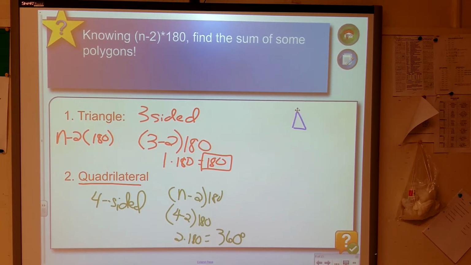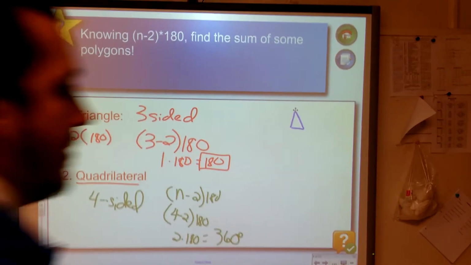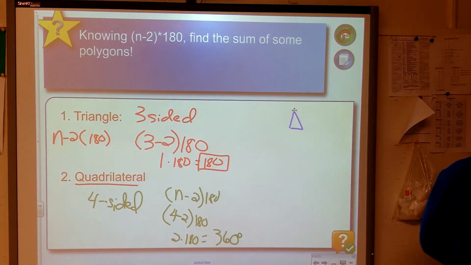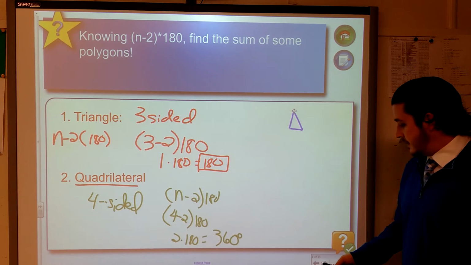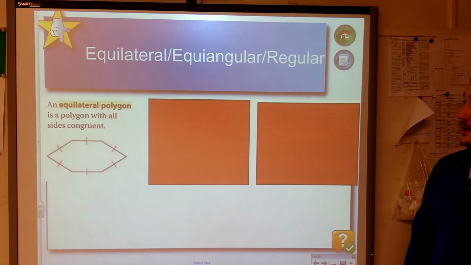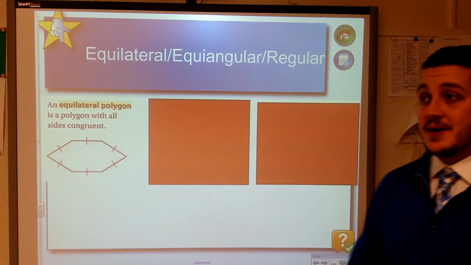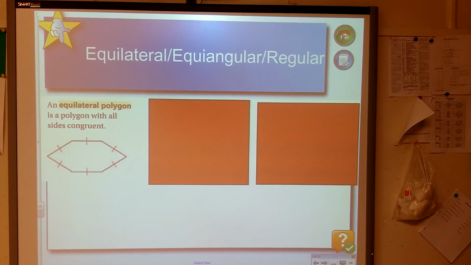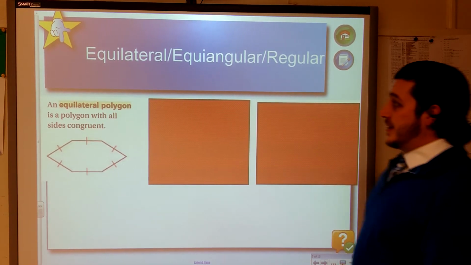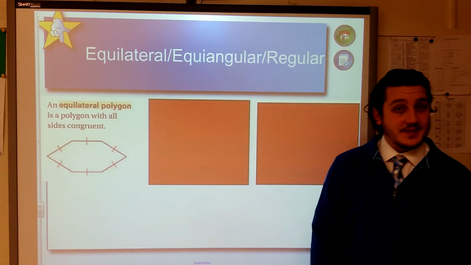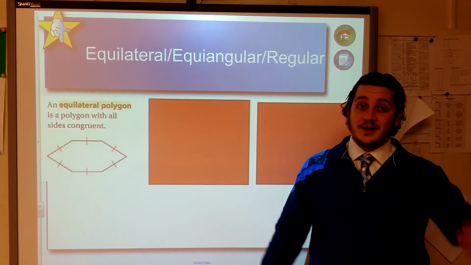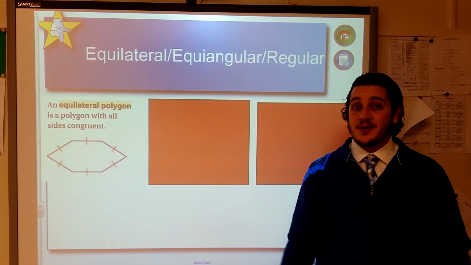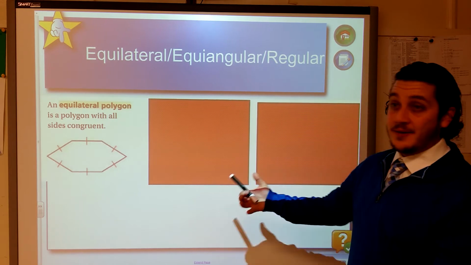Let's move on. Special types of quadrilaterals: we have equilateral, equiangular, and regular. They came back again. Remember with the triangles, you had an equilateral triangle, an equiangular triangle, and a regular triangle.